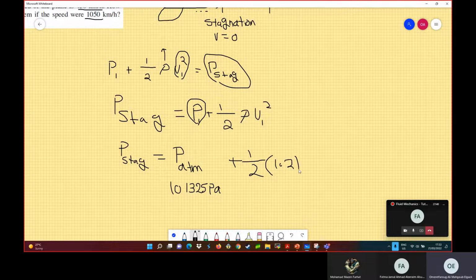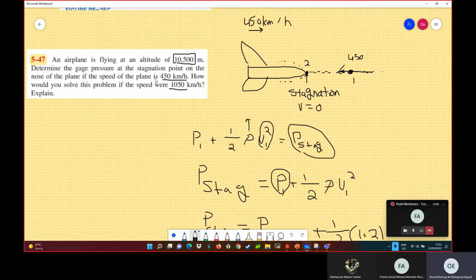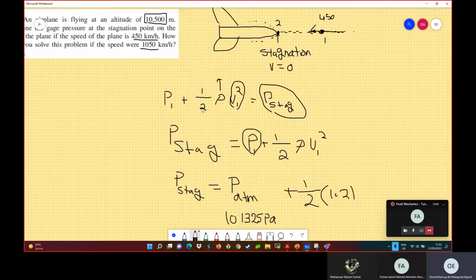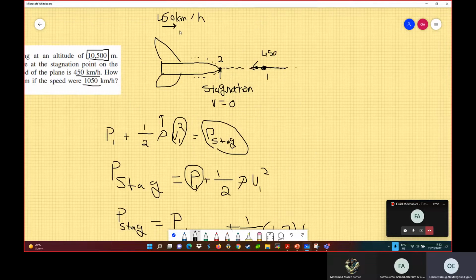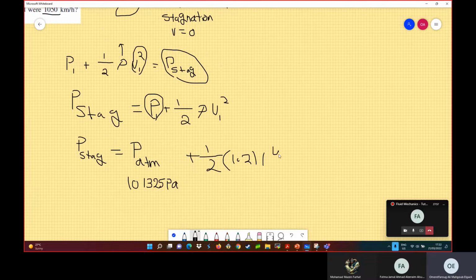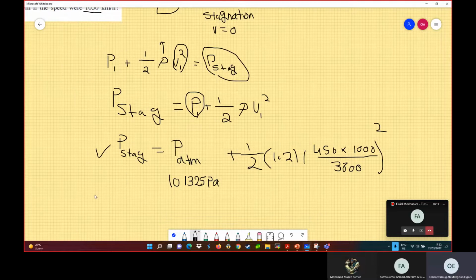This is 1.2 at sea level, I think, but at that elevation you can find it, and if that question came in the exam, the doctor will provide you with that density. Then the velocity, convert it from kilometer per hour to meter per second. So 450 multiplied by 1,000 to convert from kilometer to meter, and divide by 3,600, squared. Then you can find the stagnation pressure.